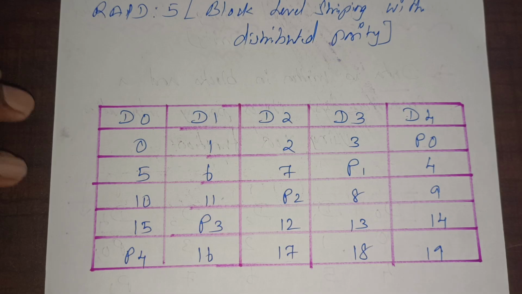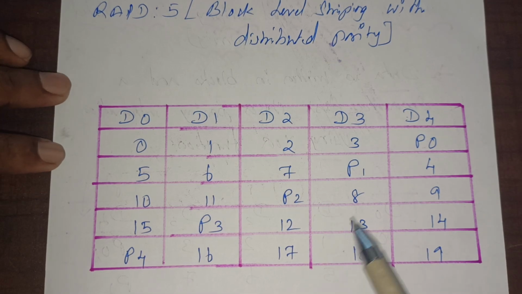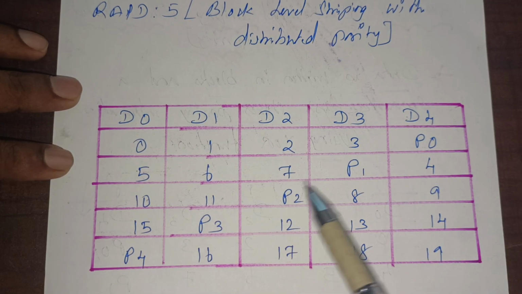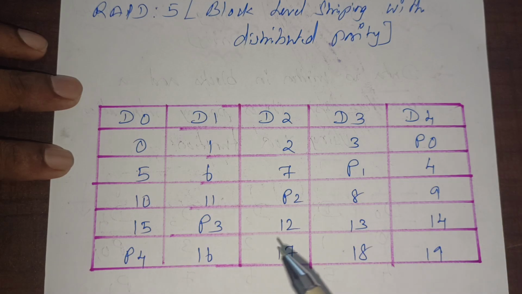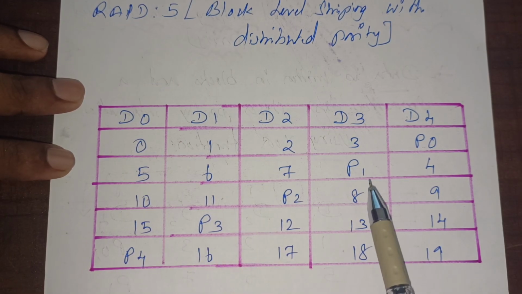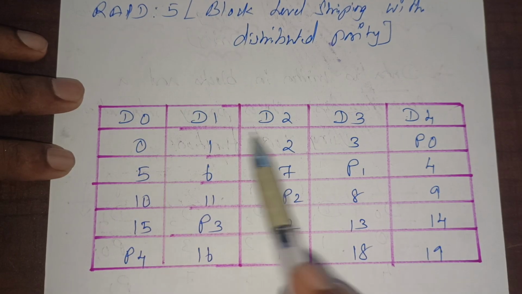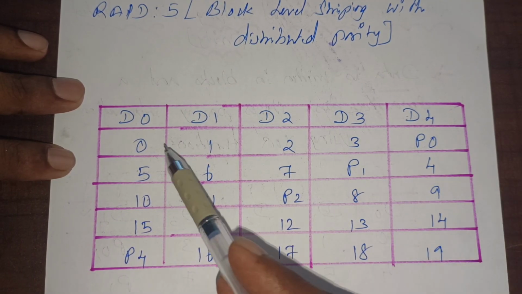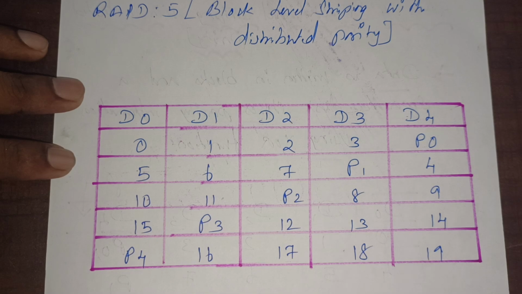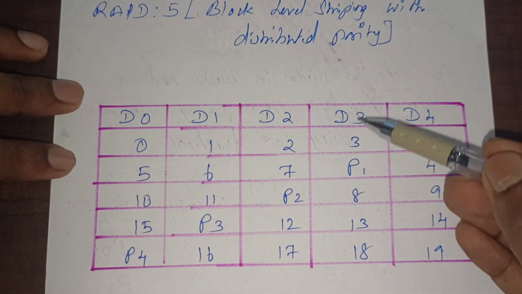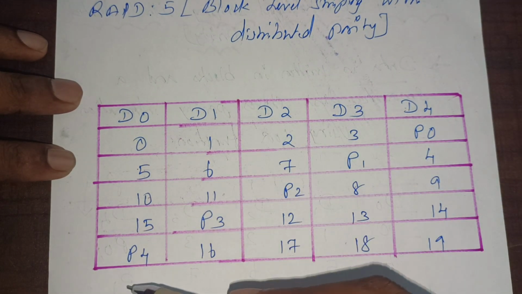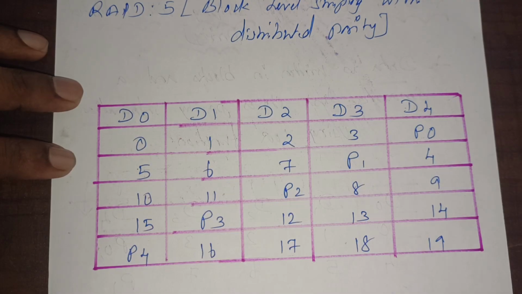Let me tell you. So here the parity information is distributed across all the disks instead of being stored in one. The distributed parity significantly improves the performance, especially for random write operations. That's the point. If you write this particular data randomly here and there in the devices located here, D0 to D4, there is no separate disk which is particularly storing parity bits, right?